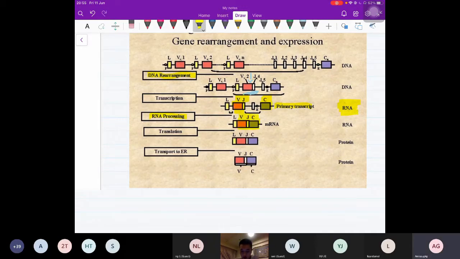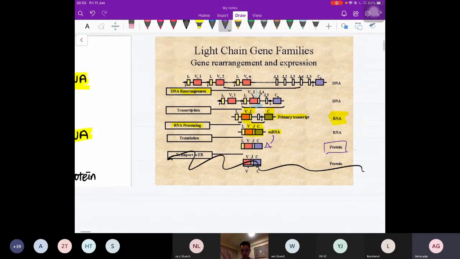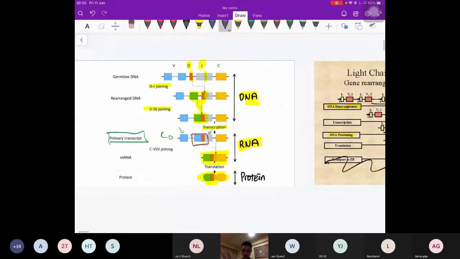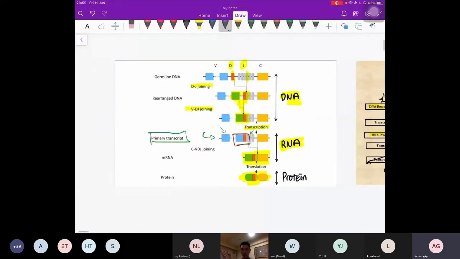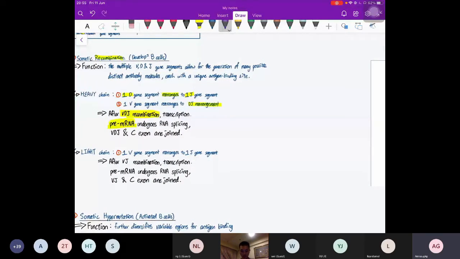Then you get your mature mRNA, and your mature mRNA undergoes translation to give you your protein. You can ignore the last part. The protein here is your 1 light polypeptide chain. So you have to go through 2 rounds of your light chain recombination and 2 rounds of your heavy chain recombination to get one IgG or one IgD monomer.